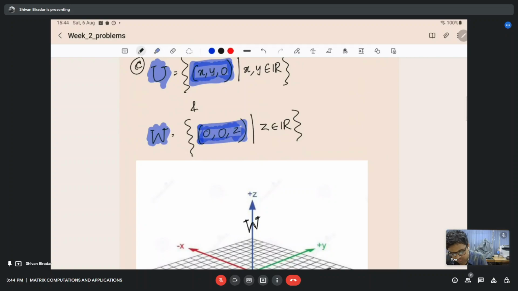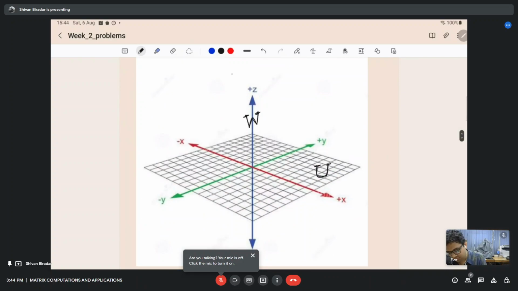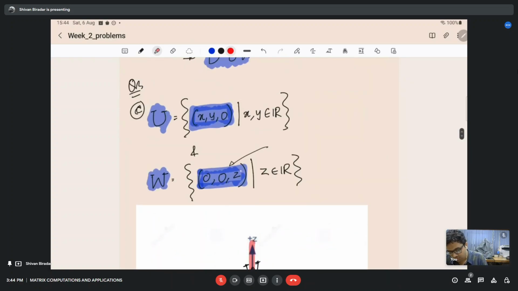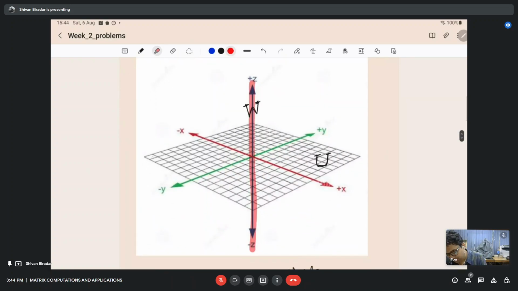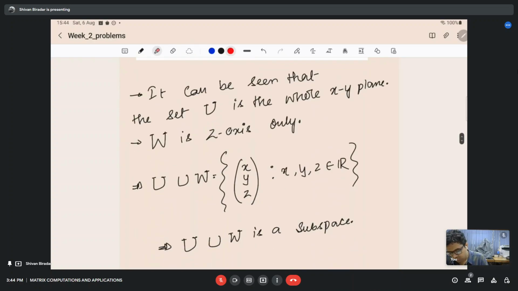As I said, geometrically W would be only the z-axis, whereas U is your xy plane again. So U is your mesh, this mesh.